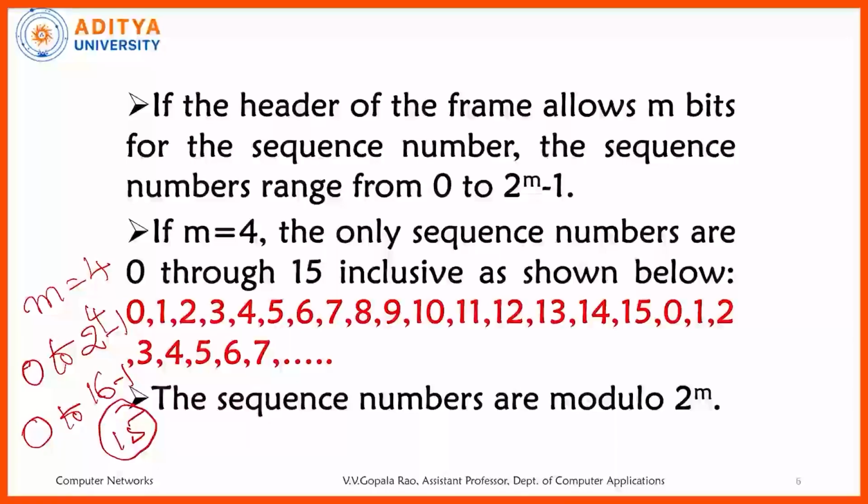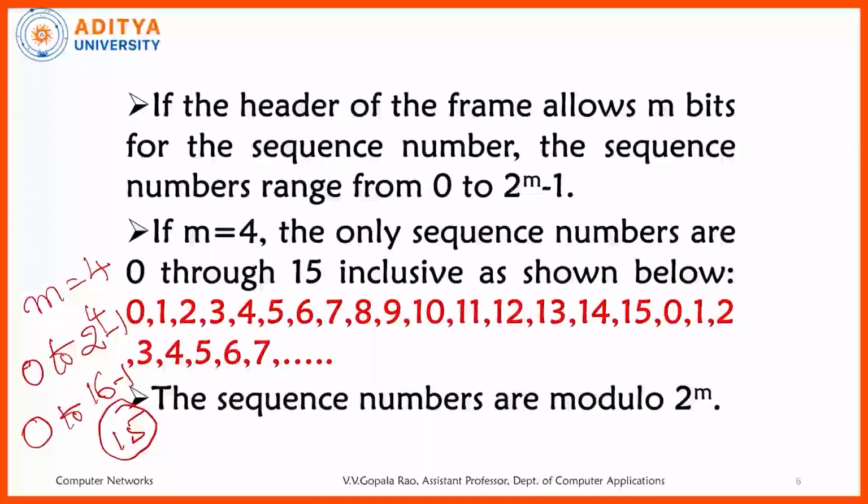0, 1, 2, 3, 4 up to 15. Again 0 appears because the m value is 4. You cannot go with 16, 17, 18, because when m is 4, the maximum number you can assign to the frame is only 15. So it goes 0 to 15, and again it starts with 0, and again goes to 15, and after that starts with 0.